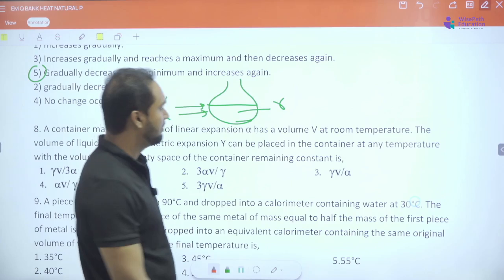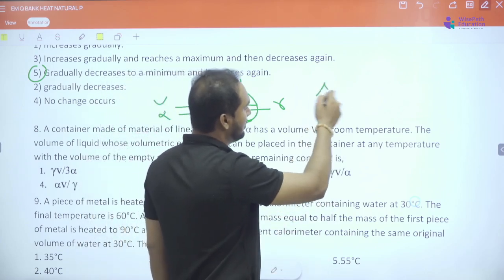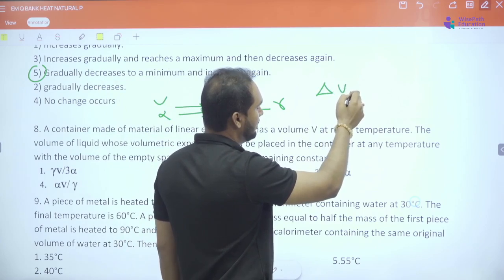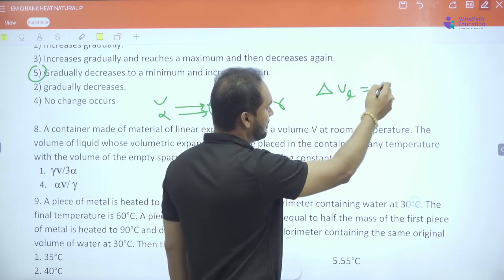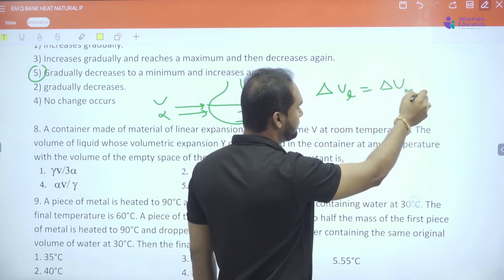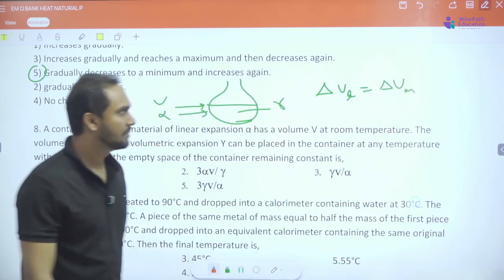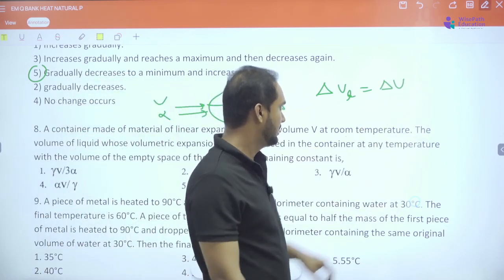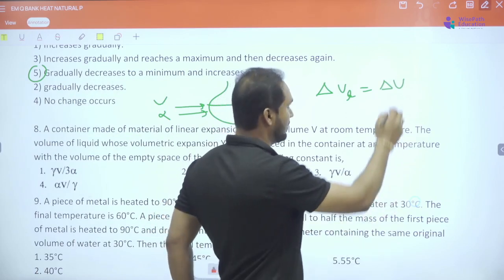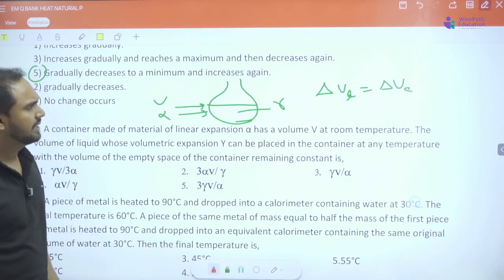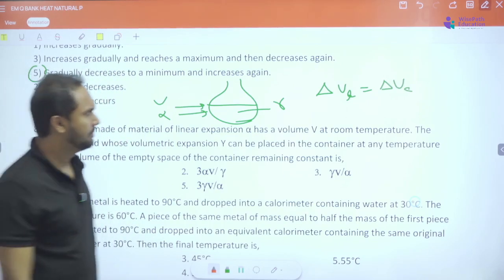So it's the same, isn't it? For the empty space to be constant, delta V of the liquid should equal delta V of the container. I'll take the container as C. So now delta VL should be how much?